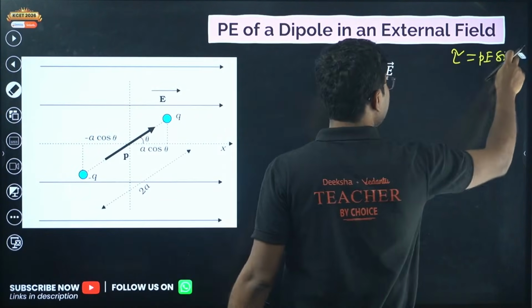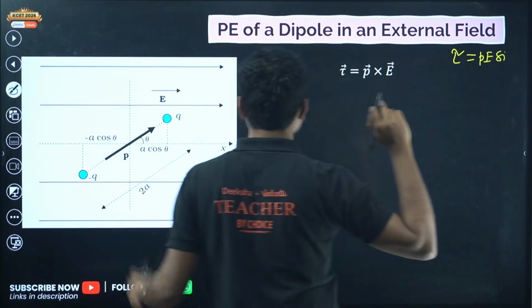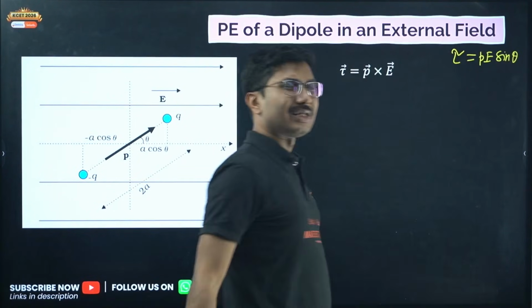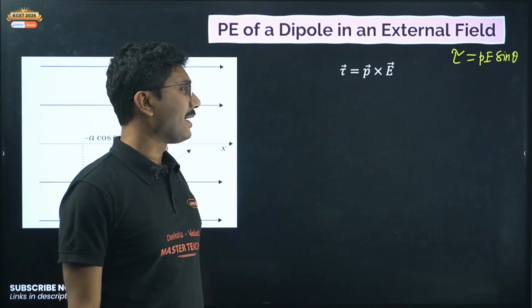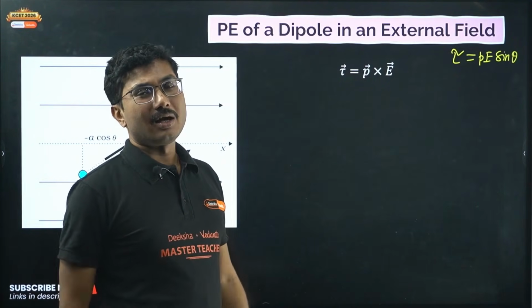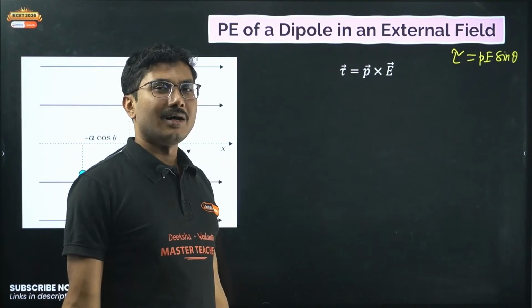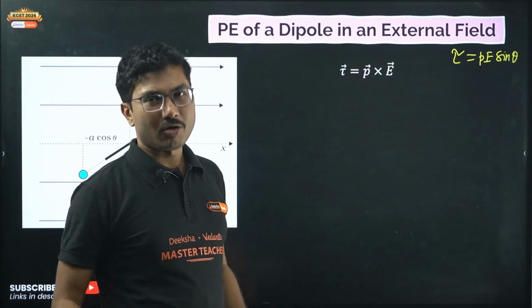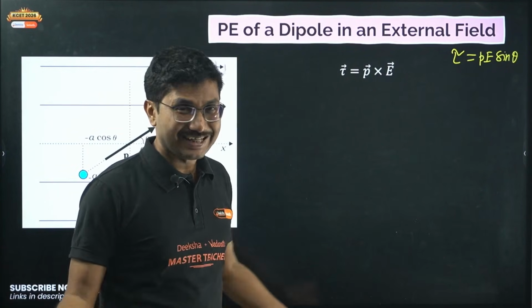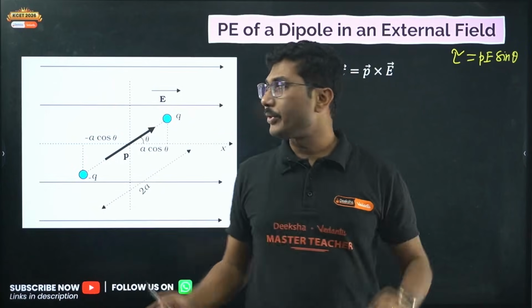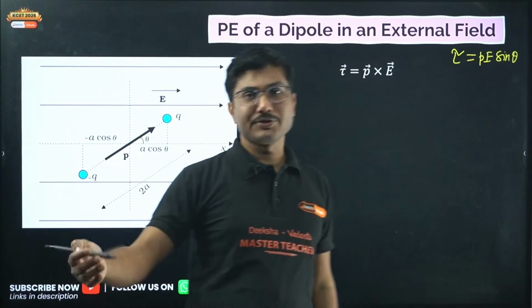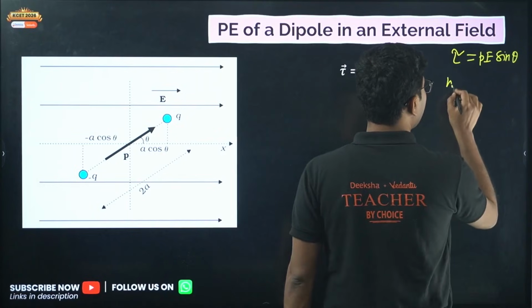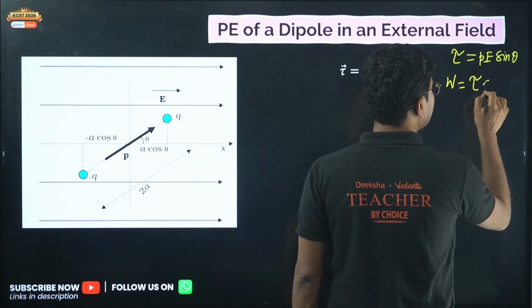Remember, whenever we are talking about potential energy, it is basically work done. If it is a charge which is +1, then it will be potential. If it is not +1, then it will be potential energy. For a dipole, we do not know whether it is +1 or not, so it will be potential energy and not potential. So work done will be given by torque d theta.